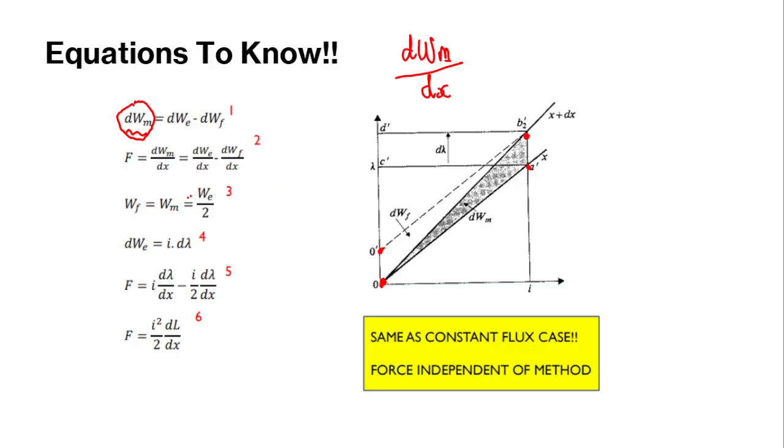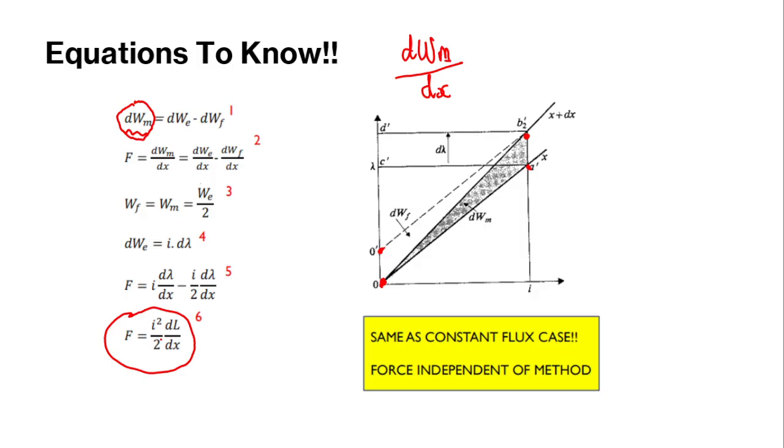That's why Wf is equal to Wm, which is just half of We. You don't really need the proof, but remember that for constant flux and constant current operation, the force is independent of the method. No matter which method, this equation will be the same.